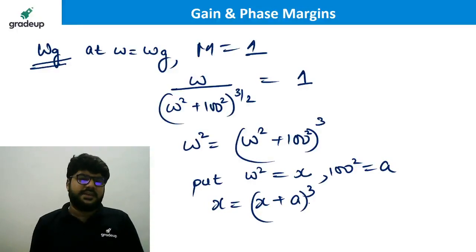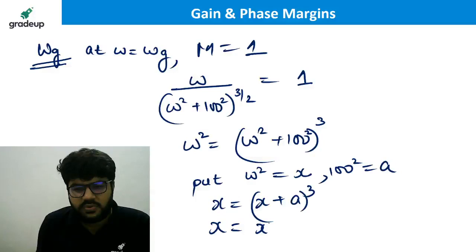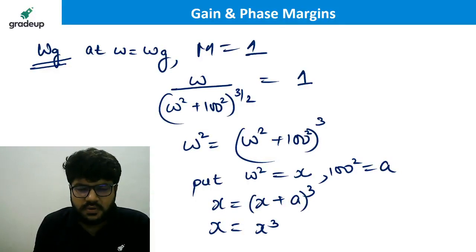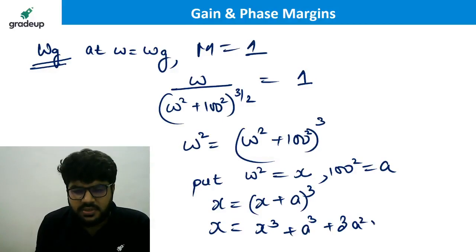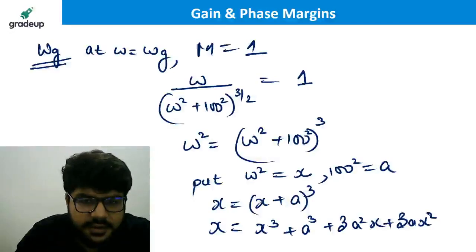So x equals (x plus a) whole cube. So I am going to get an equation x equals x cube plus a cube plus 3a square x plus 3a x square.